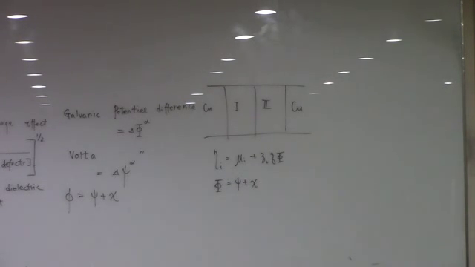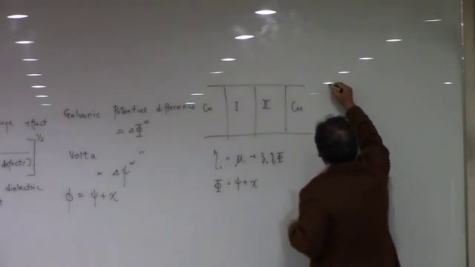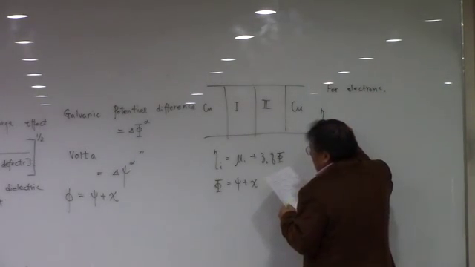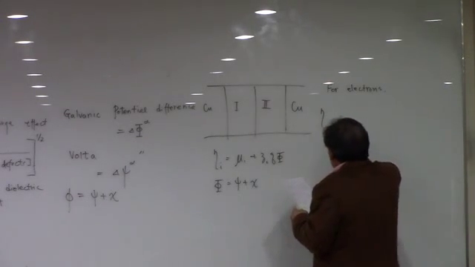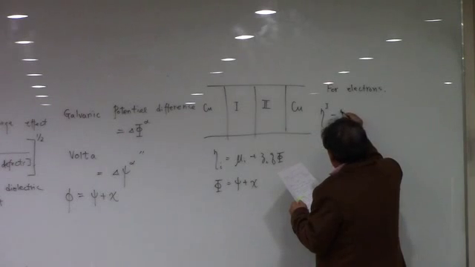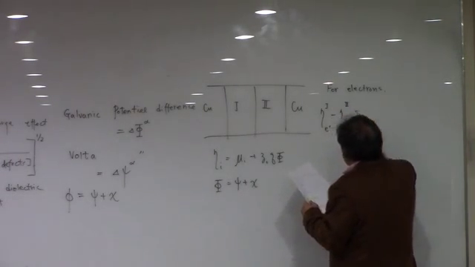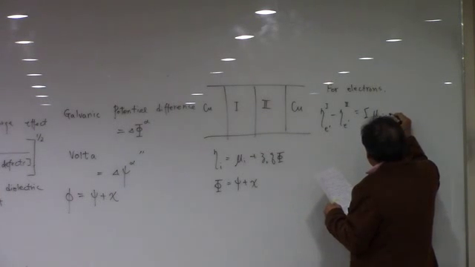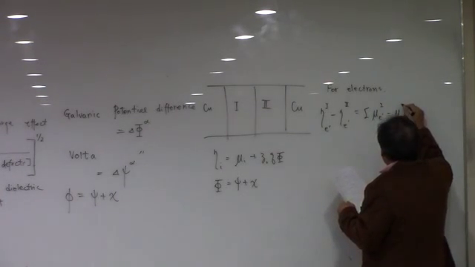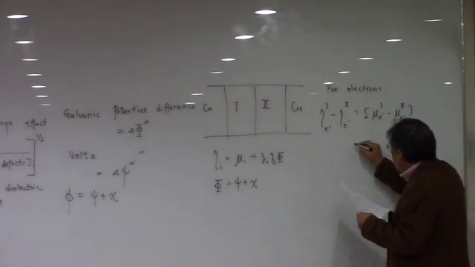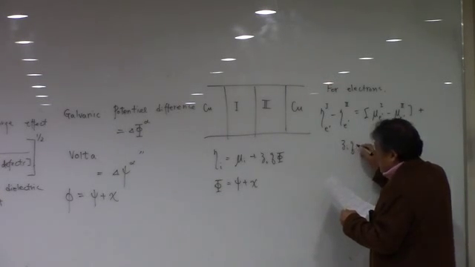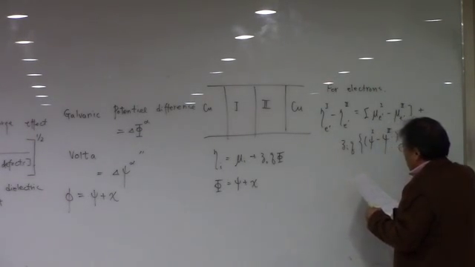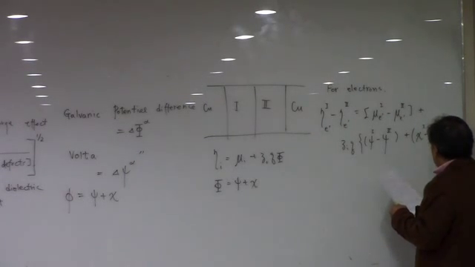Now for electrons, in this case, in material 1 and material 2, the electrochemical potential difference of electrons is going to be the chemical potential difference plus Q times the psi 1 minus psi 2 plus chi 1 minus chi 2.